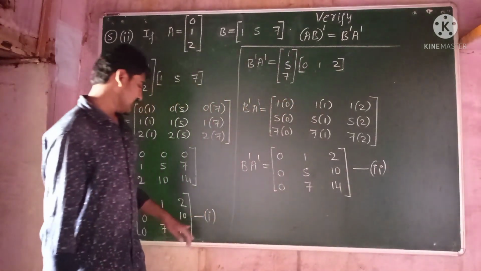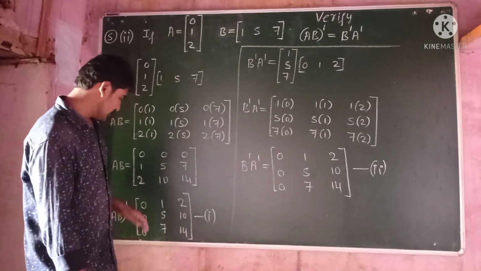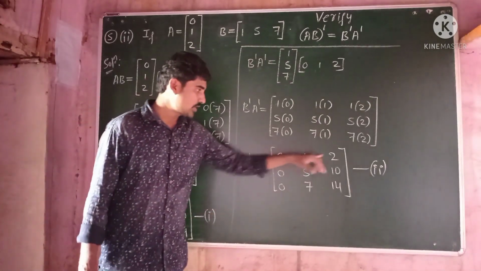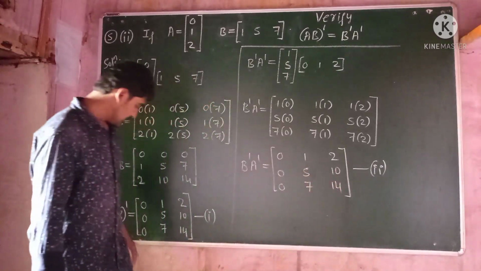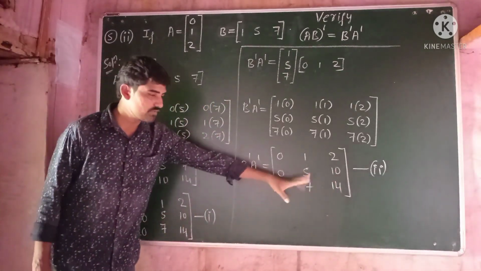So I am comparing equation 1 and equation 2: 0, 1, 2; 0, 5, 10; 0, 7, 14 in both.